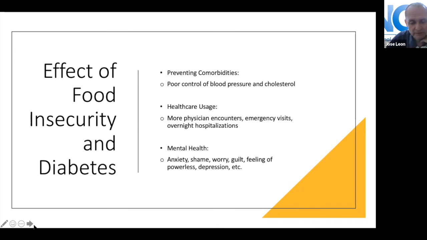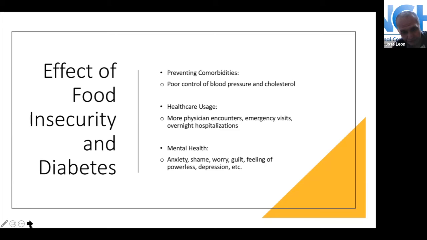These patients are more likely to go to the emergency room and have overnight hospitalizations. We've been talking about hypoglycemia and hyperglycemia in these patients, and that is going to be one of the factors why patients have to go to the emergency rooms to get healthcare services.